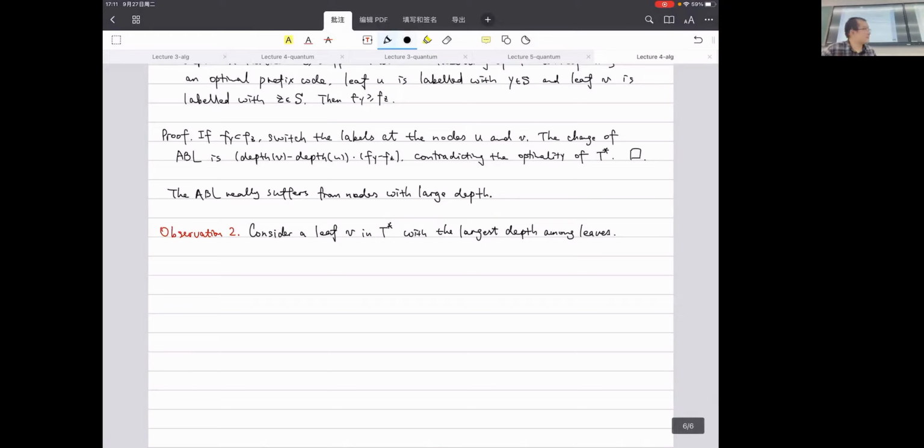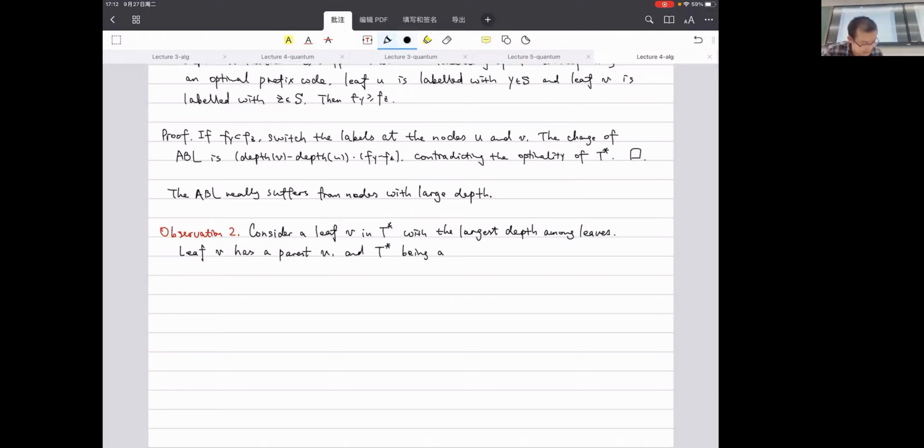If it's not a leaf, it has children, and the children would have even deeper depth. So of course, the largest depth among leaves is also the largest depth among all the nodes. Leaf V has a parent U in T prime.